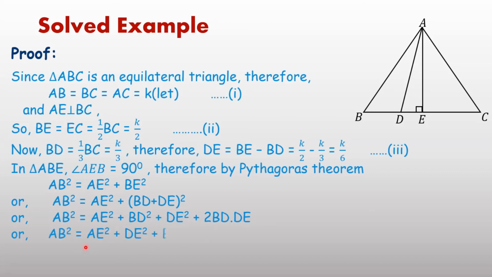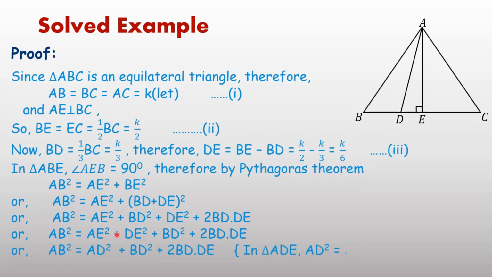Now next step, AB square equals AE square plus DE square written together, BD square here plus 2 BD into DE. Now you just have to concentrate on AE square plus DE square.